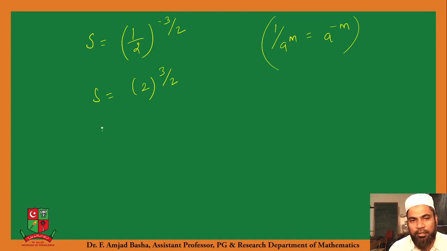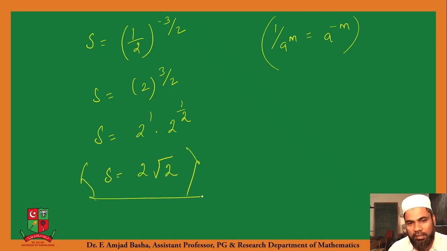This 2 power 3 by 2 can also be written as 2 power 1 into 2 power 1 by 2. So s is equal to 2 into 2 power 1 by 2, which is root 2. Therefore, the required sum of the series of the given expansion is s is equal to 2 root 2.